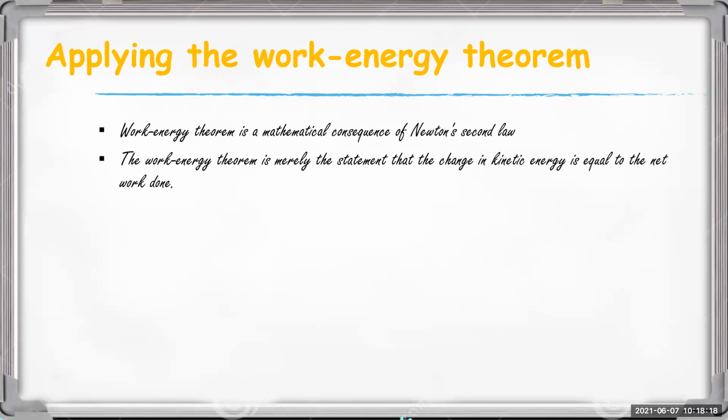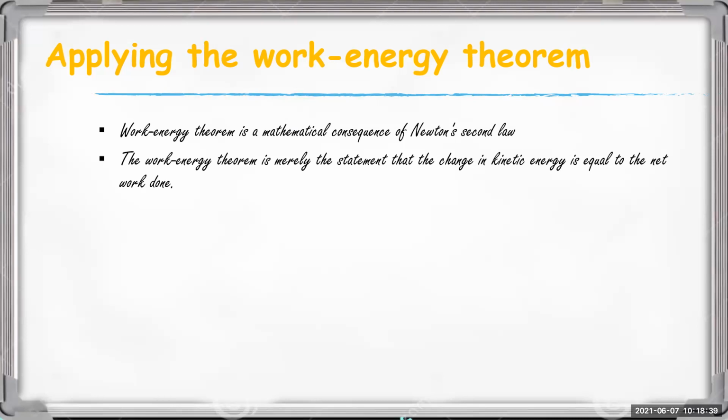The work energy theorem is merely a statement that the change in kinetic energy is equal to the net work done, isn't it? The expression was 1/2 m vB squared minus 1/2 m vA squared.